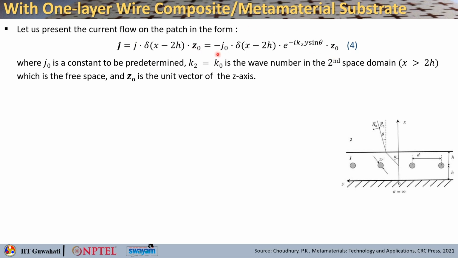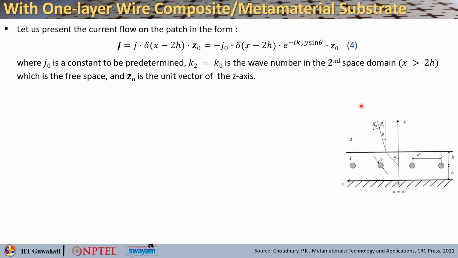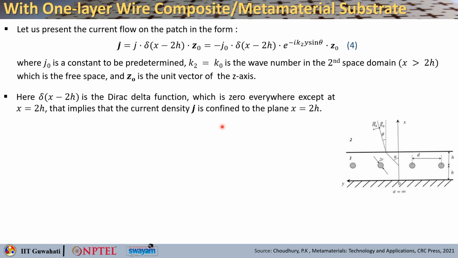Here, what is this J naught? It is basically a constant to be predetermined, and then you have k2 appearing, that is basically k naught, the wave number in the second space domain, that is for x greater than 2h, which is free space in this particular example. And z naught is nothing but your unit vector in the z axis. This notation is basically taken from this book.